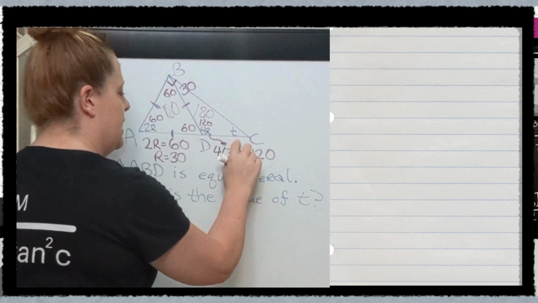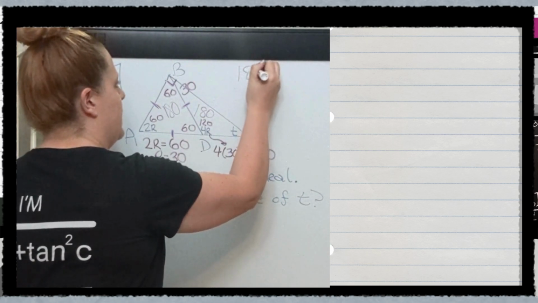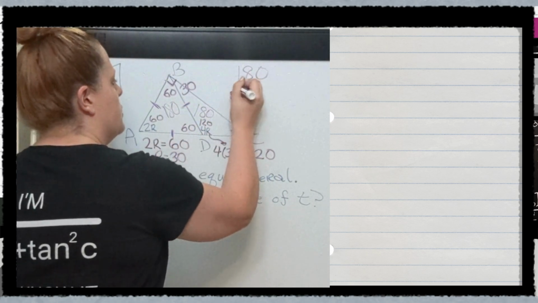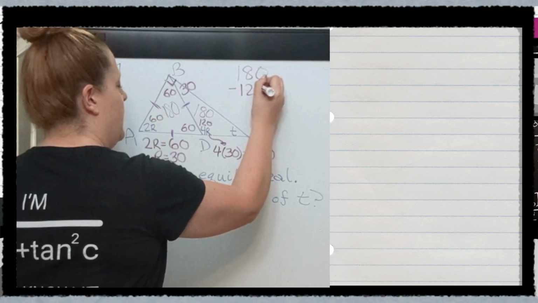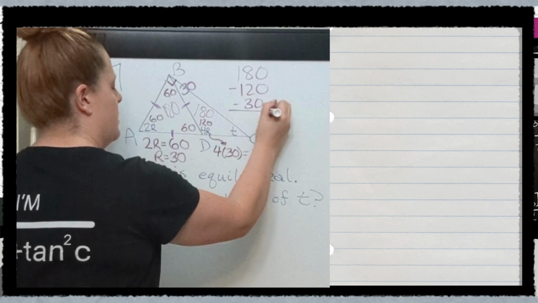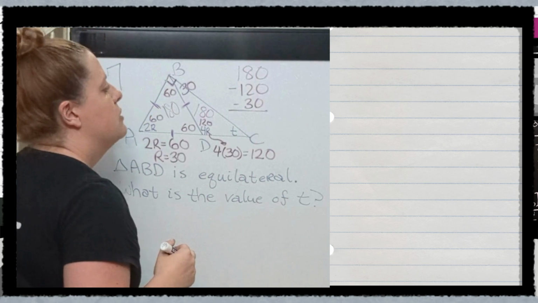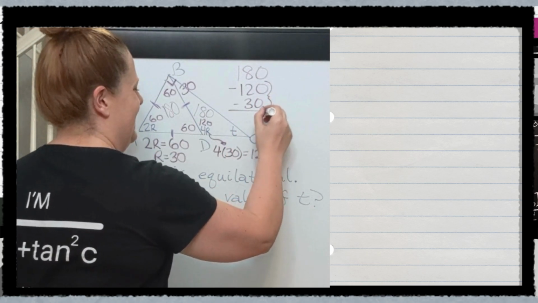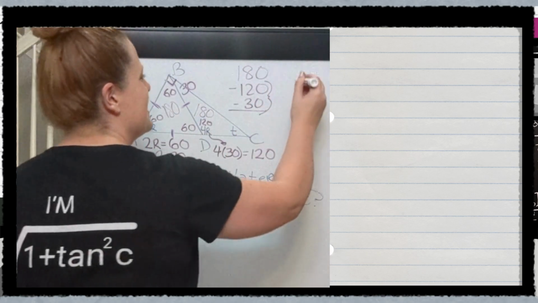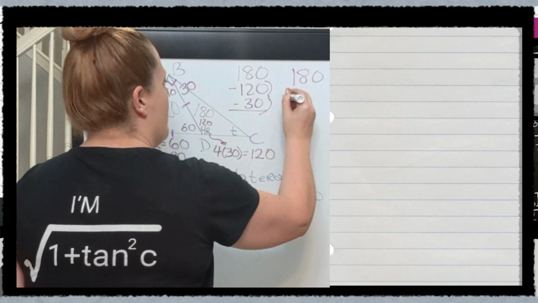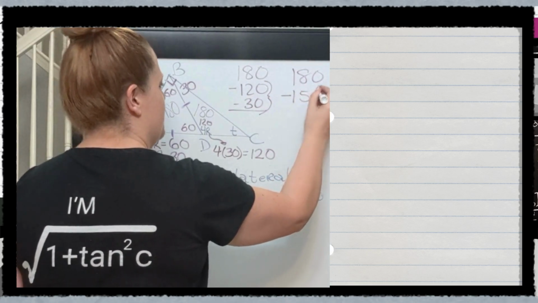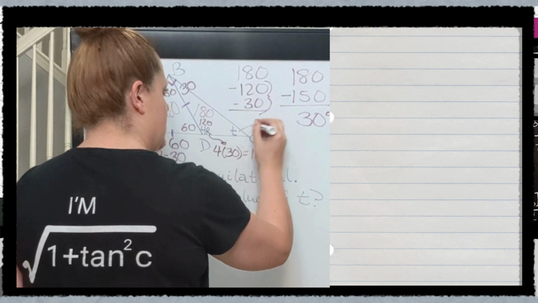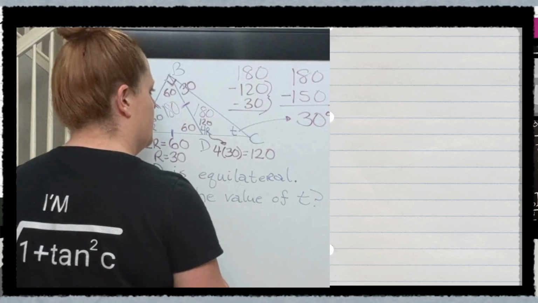So to find t, which is our goal, we're going to take 180 and subtract the two angles that we know. So minus 120 minus 30. Don't tell anybody I wrote a subtraction problem like that. You're better off combining them first. So 180 minus 150. Okay, that gives us an answer of 30 degrees. t is equal to 30 degrees.